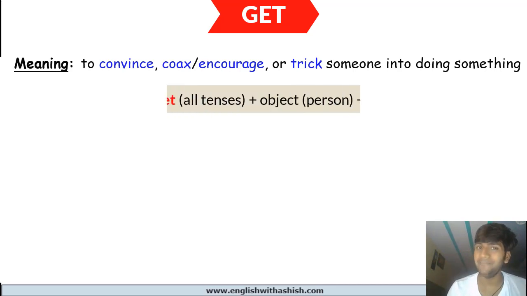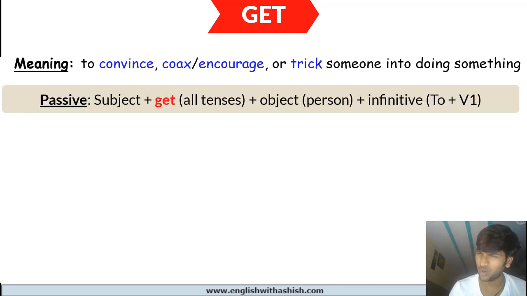Okay, now the next causative verb is get. Get as a causative verb means to convince or coax, right? Lure or encourage or trick somebody into doing something. All right. So when you get somebody to do something, you convince or you encourage or you coax the person to do the action, or you trick the person into doing something.